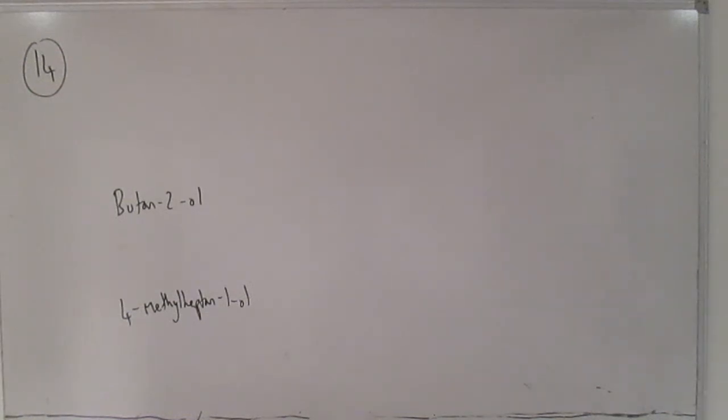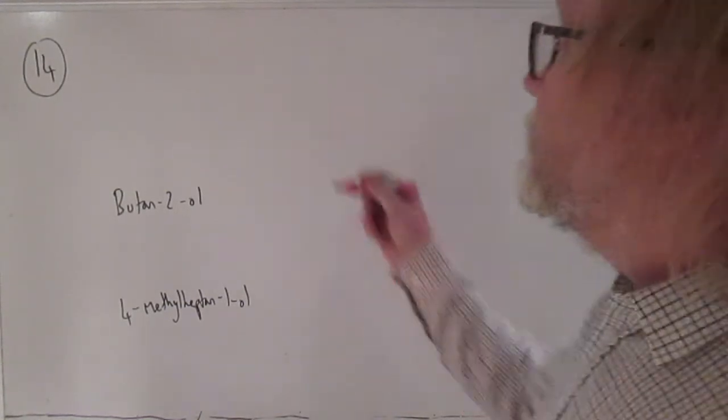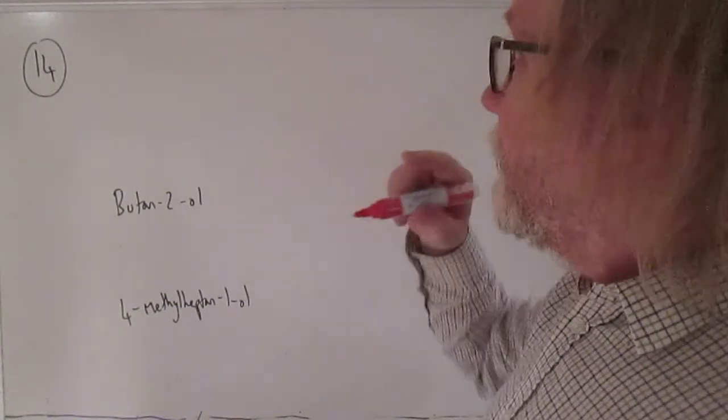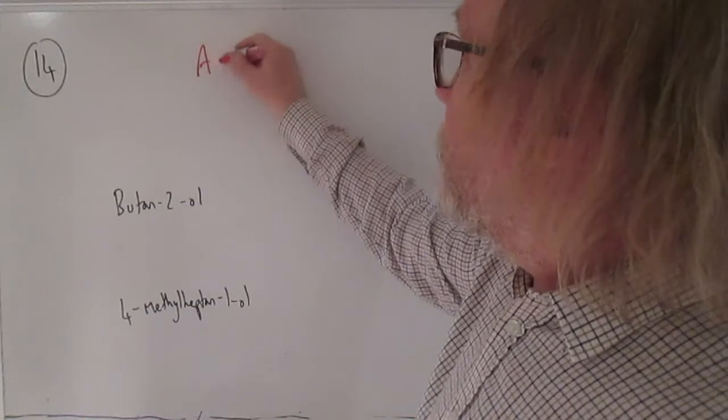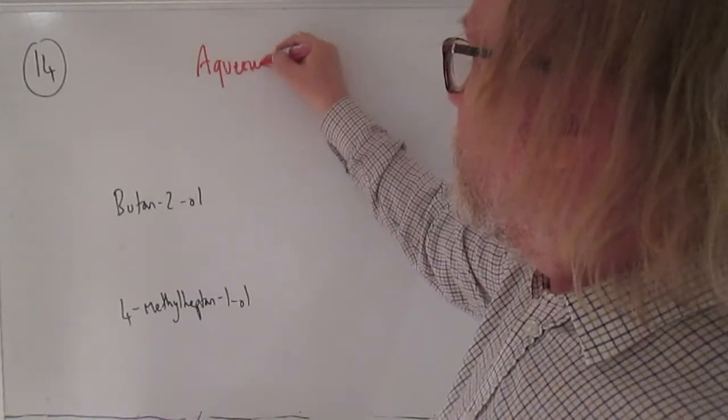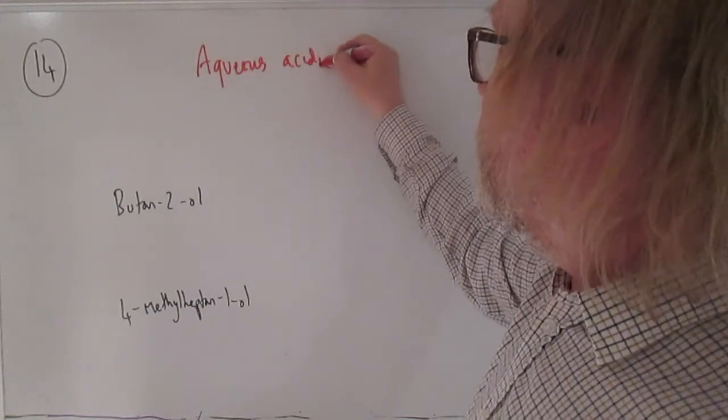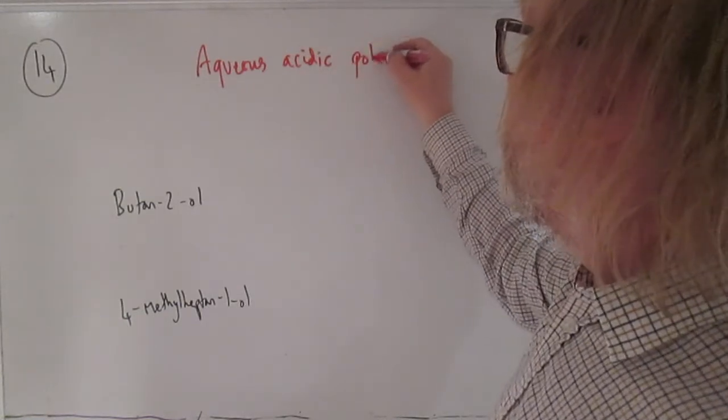So question 14 gives us our first examples of this really important type of reaction, which is oxidation of an alcohol. So you need immediately to learn to recognize the oxidizing agent, which is aqueous acidic potassium dichromate.